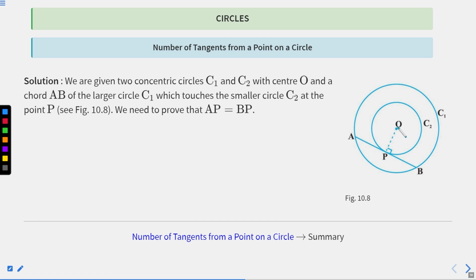They have common center O. We are given two concentric circles C1 and C2 with center O, and a chord AB of the larger circle C1 which touches the smaller circle C2 at the point P. We need to prove that AP is equal to BP.